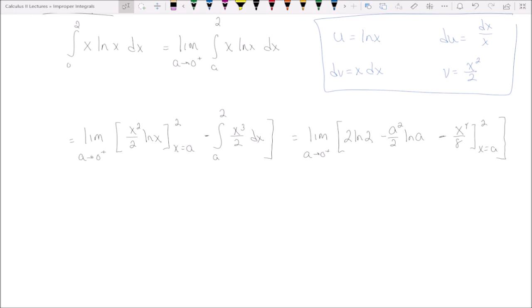I'm sorry, v du should have just been x over 2, which makes this term here x squared over 4.